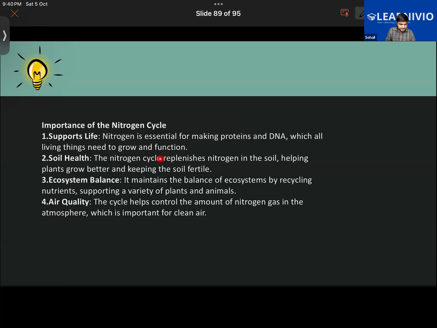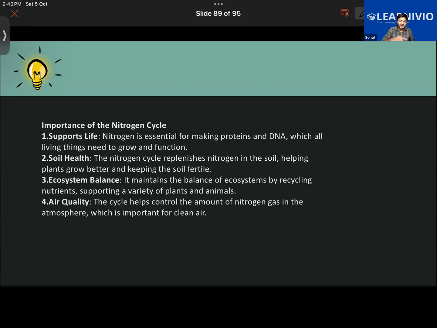Further, it maintains the balance of the ecosystem by recycling the nutrients present in the body of a living organism. If a living organism has eaten some plant, if they have consumed plant-based material, they are getting the nutrients from the plant, and when that organism dies, it will decompose, and all the nutrients that were locked in the body of that organism will go back into the soil.